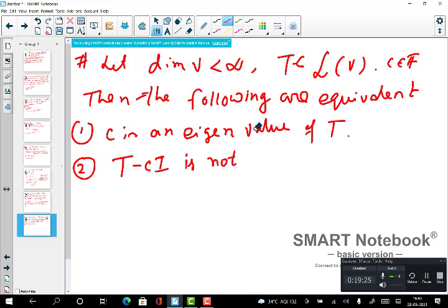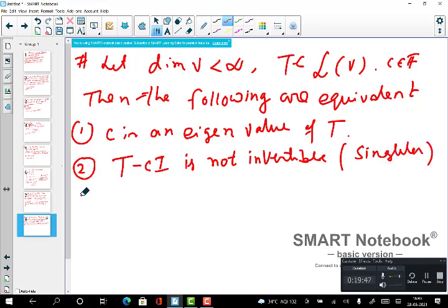This is also a linear operator, right? The question is whether it's an isomorphism or not. So it's not invertible. These are also called singular. Singular means it is not invertible.